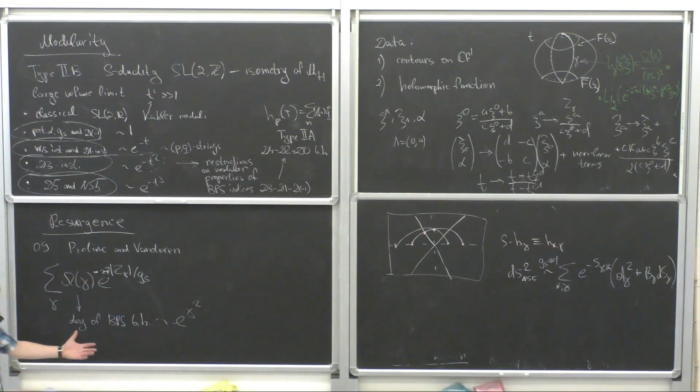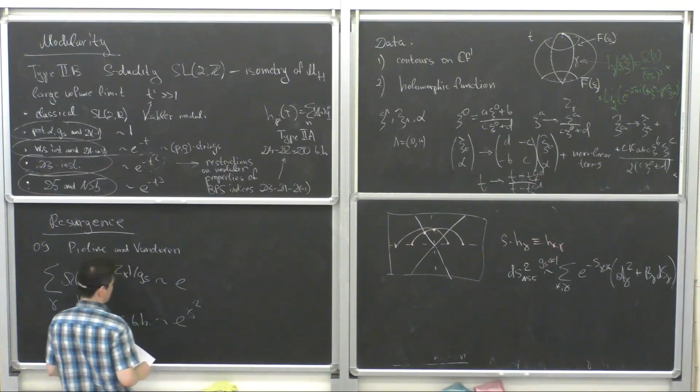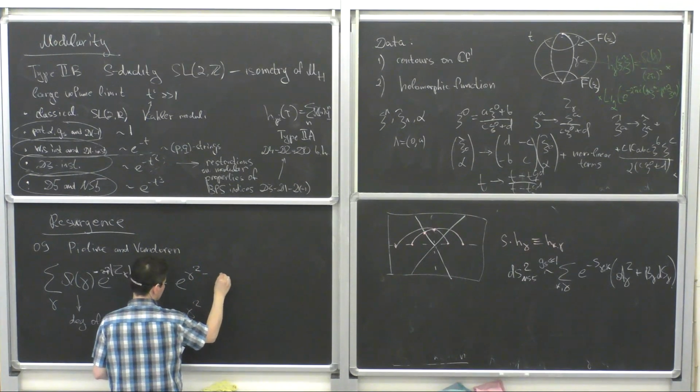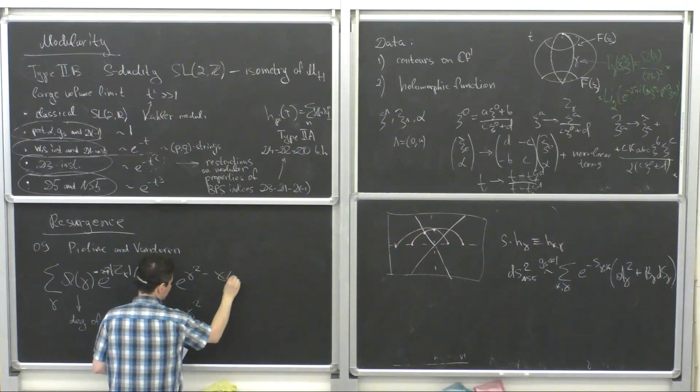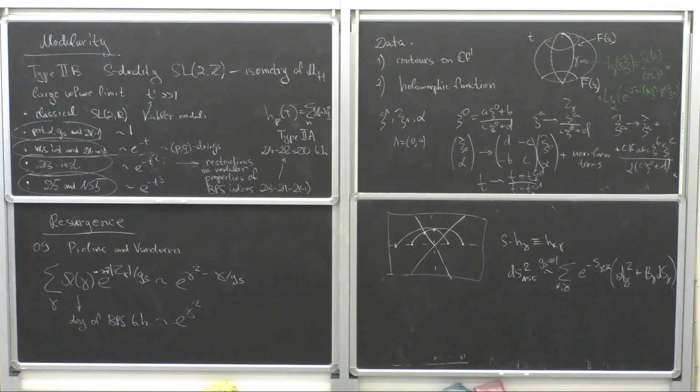Roughly speaking, it scales quadratically in the charge, and it is exponentially increasing, whereas this is only linear in the charge. So we get something like exponential of gamma squared minus something like this. So it is this sum over charges that horribly diverges.